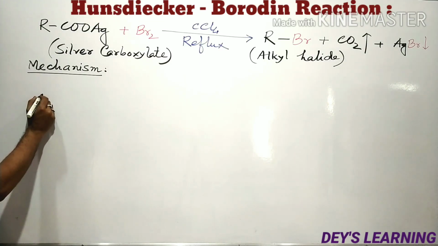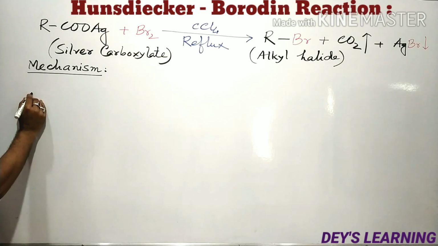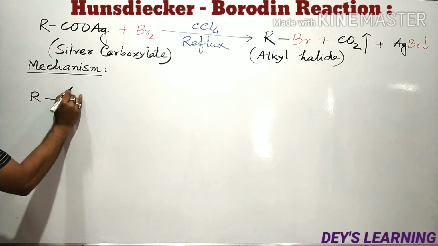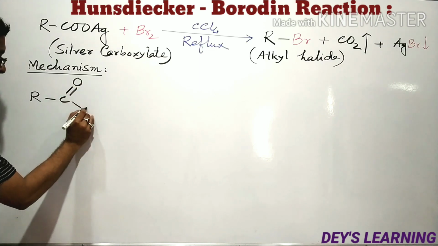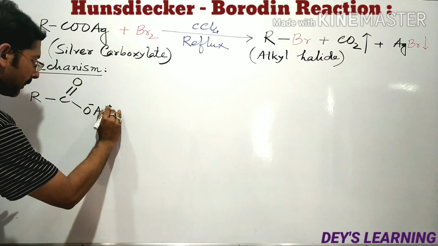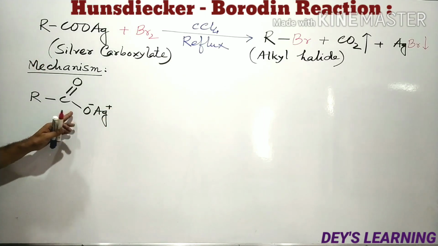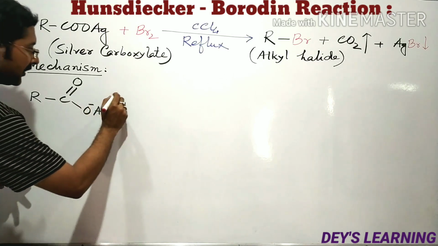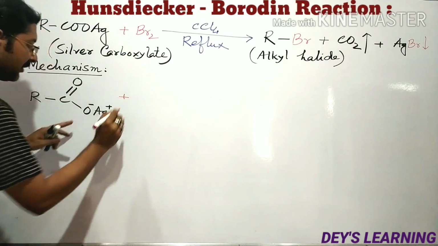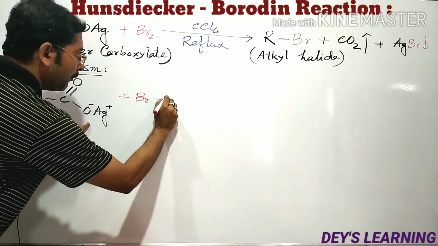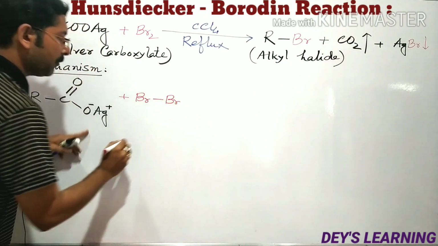Now our starting material is silver carboxylate, that is this molecule. Obviously this is the carboxylate ion, with Ag+, and in the presence of this salt the bromine molecule is somewhat polarized.